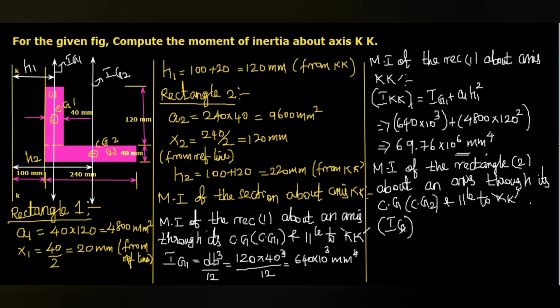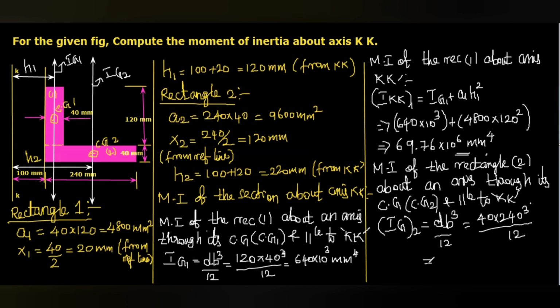IG2 of the second rectangle equals the same formula, db cube by 12, but here a different d and different b. For the second rectangle, depth is 40 and breadth is 240. So 40 multiplied with 240 cube divided by 12.